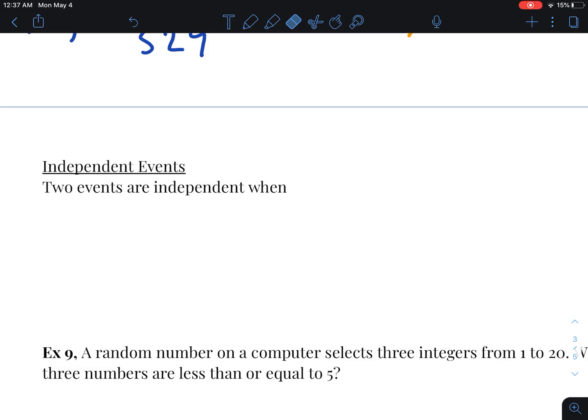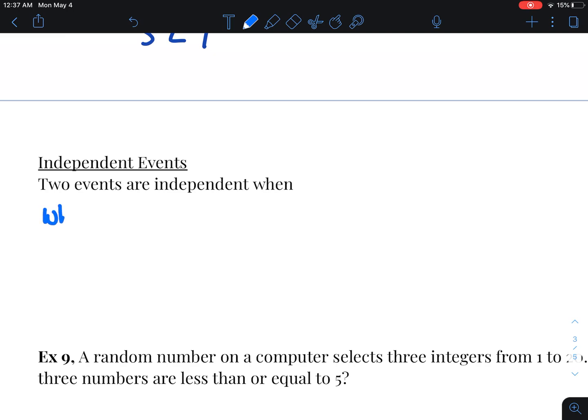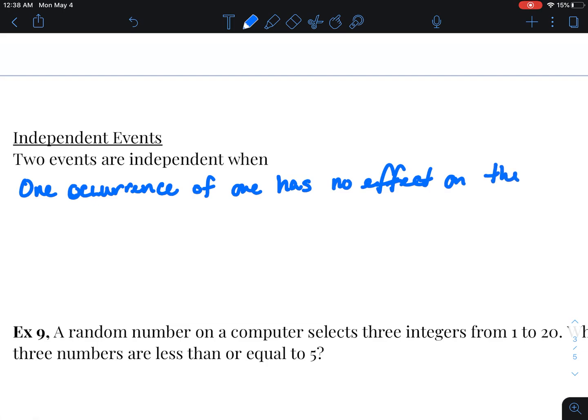Two events are independent when one occurrence of one has no effect on the occurrence of the other.